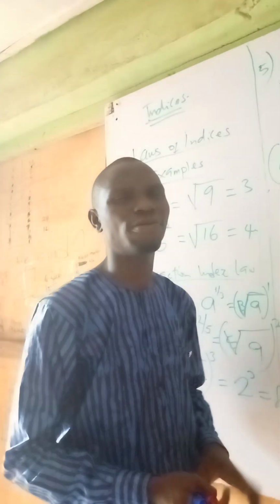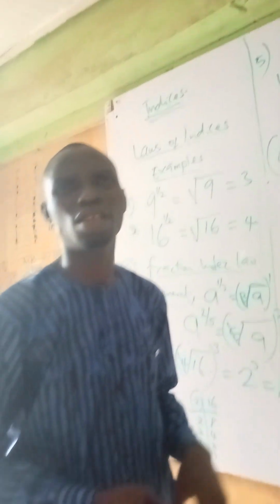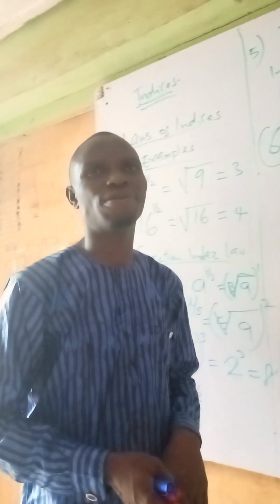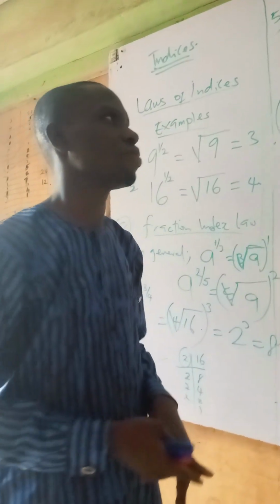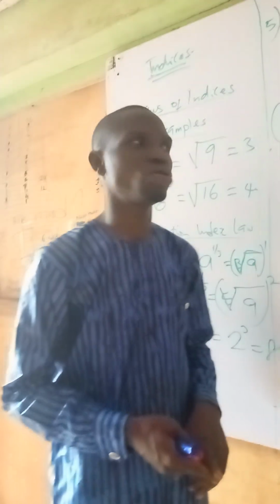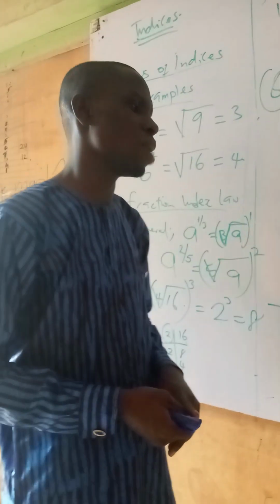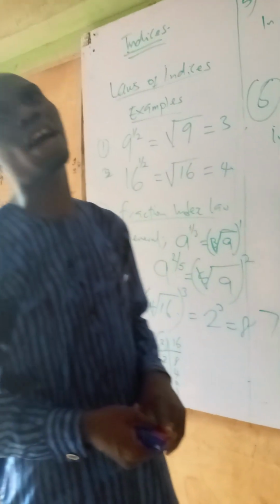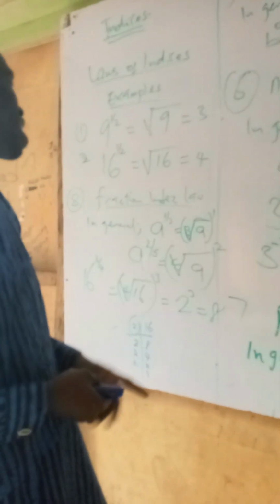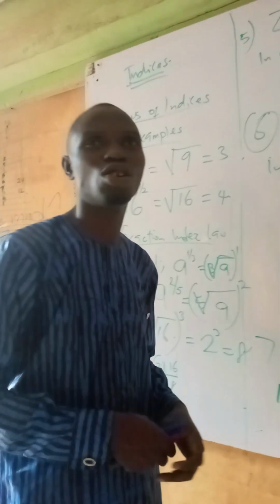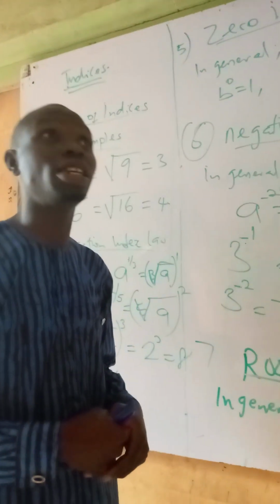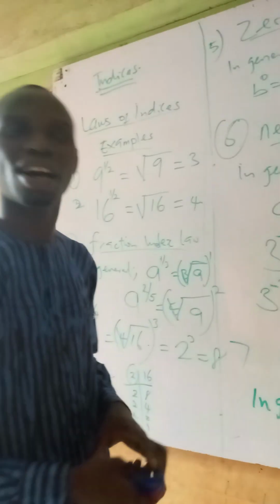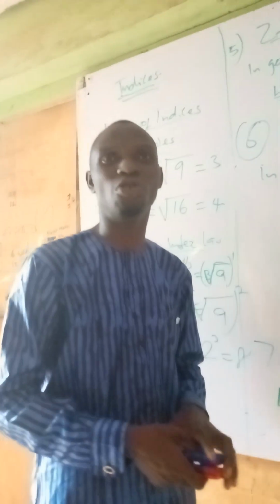We have taken the division law, the multiplication law, the zero index law, the negative index law, the root power law, the fractional index law, and the product power law. I think those are the laws we have taken so far.